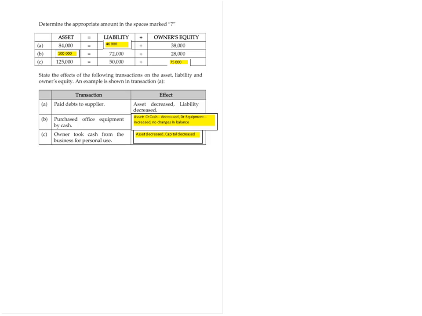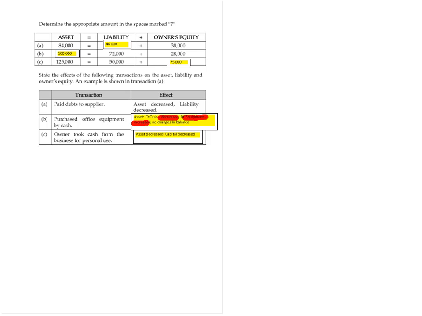So we have an increase in equipment, firstly, because we have bought it. Next, the cash would be decreased because we have bought it with cash, right? So here is a decrease. Totally, in the balance, we have no changes. For example, imagine the balance.